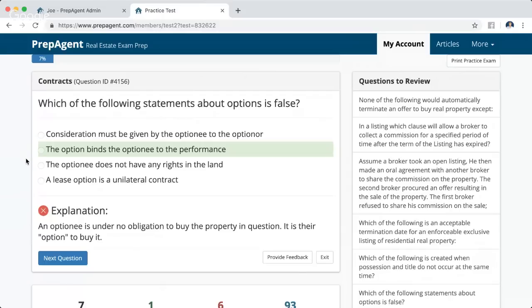The other thing here is I see the words a lease option is a unilateral contract. What is the difference between a bilateral contract and a unilateral contract?